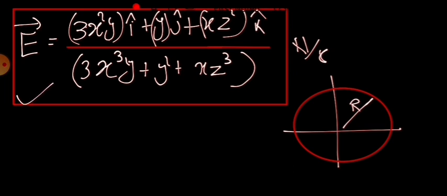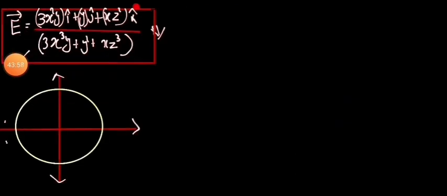For this electric field, how much flux will pass through this region, that we need to calculate. It is a non-uniform electric field. Take some time, pause the video, and solve this problem.